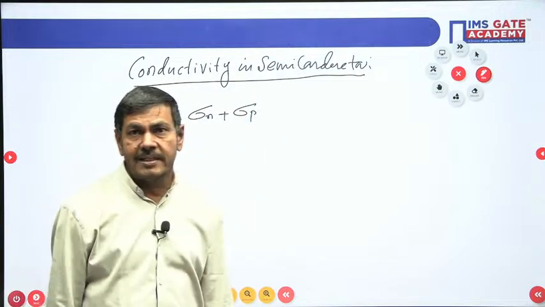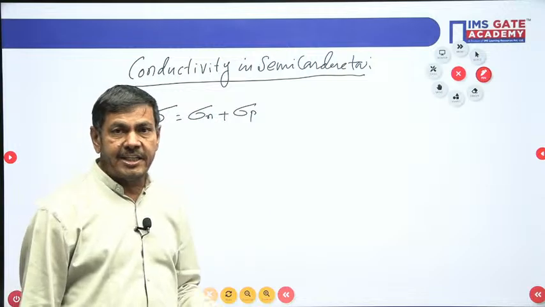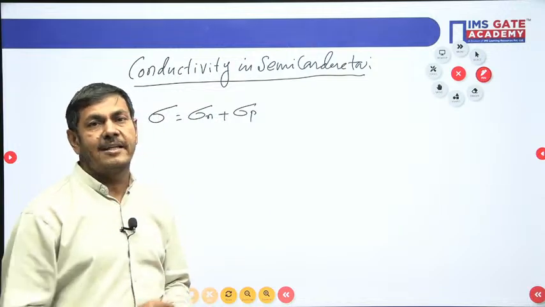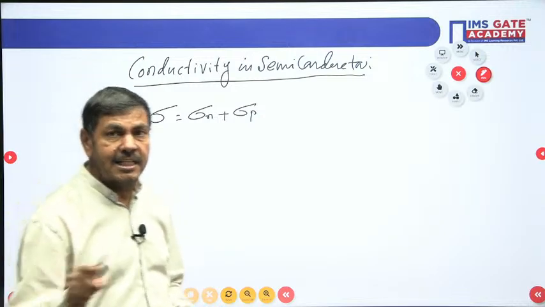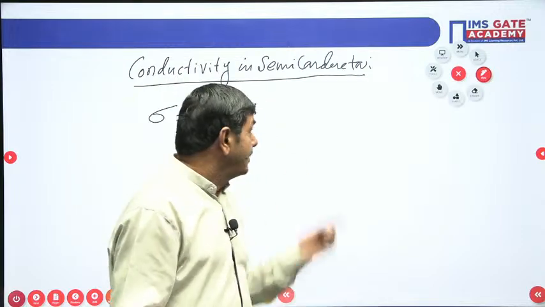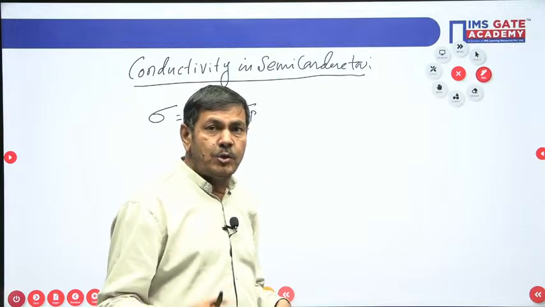We know very well sigma n, the conductivity due to electrons, is charge density into mobility. Charge density is nothing but nq, into mu, where the mu is mu n. For the holes, p into q into mu p.